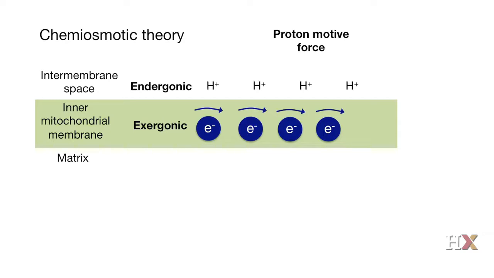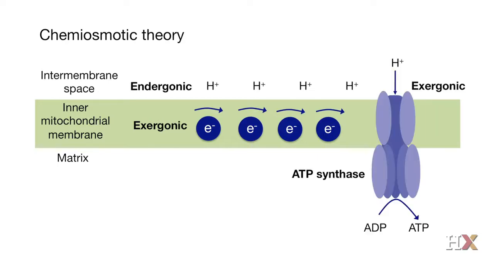ATP is produced when the protons flow back into the mitochondrial matrix down a concentration gradient through the ATP synthase. The ATP synthase uses the energy harnessed from the proton flow to phosphorylate ADP and release ATP.